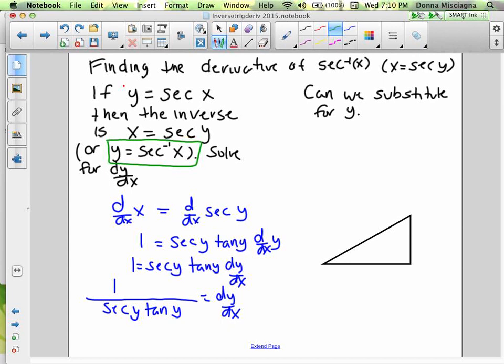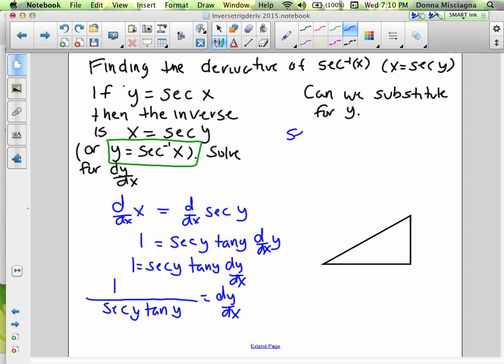So instead, let's just try y equals arcsecant x right from the beginning. Since y equals arcsecant x, anywhere I have a y, I could replace it with arcsecant x.